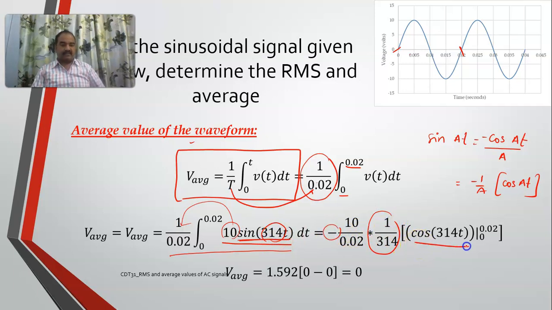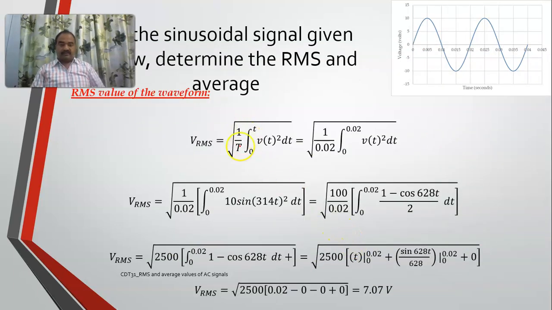The remaining is cos 314t, where t varies from 0 to 0.02. So cos of 314 into 0.02 gives 1 minus 1, so its value is 0. So my average value of a pure sinusoidal signal is 0.